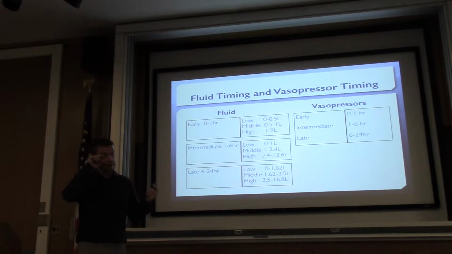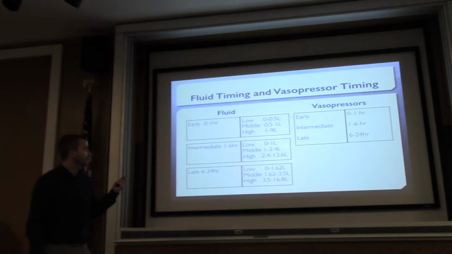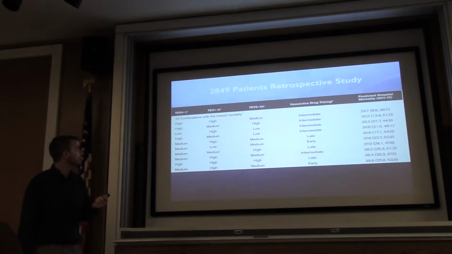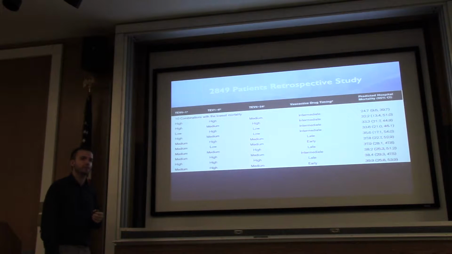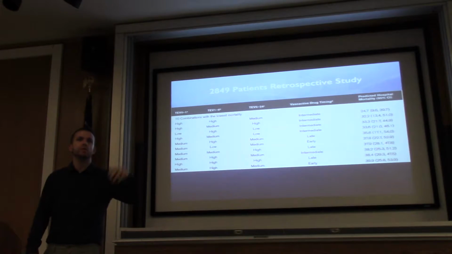So if you do the math on the number of different combinations, it's 81 different combinations. And all they did was look back at all 81 of these combinations and ask who had the best mortality and who had the worst mortality. So we had 2,849 patients, and they looked all the way across the board to see who did well.